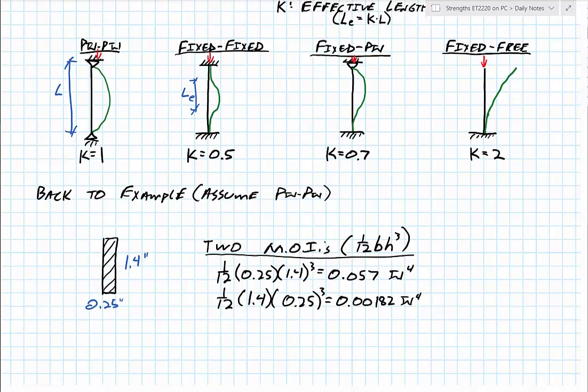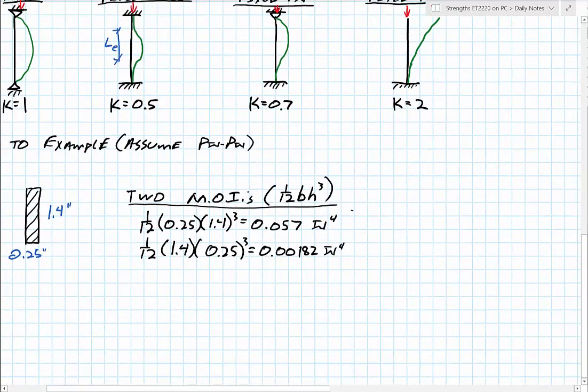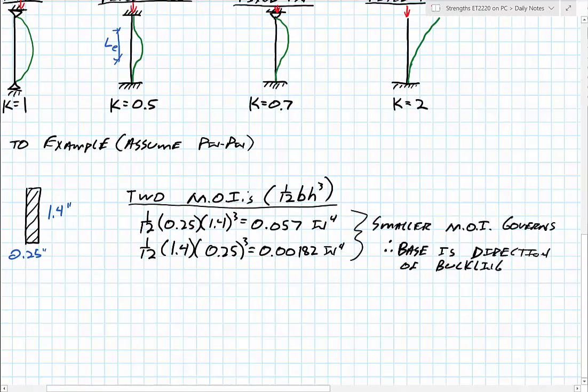And here's the key. If I look up the equation and ask which one would govern, it's going to buckle in the direction that has the lower P critical. So the smaller I value will govern. And what that means is that the base is the direction of buckling. You can maybe envision this: if I'm looking at a plan view, a bird's eye view looking down, and I'm pushing straight down on this cross-section, it's going to buckle to the left or the right, not up or down.